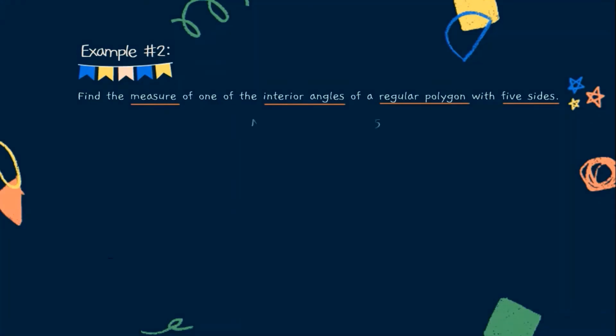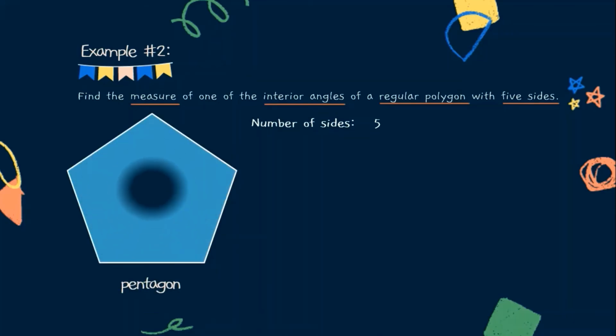From this word problem, nakuha natin na yung polygon ay may 5 sides. A polygon with 5 sides is known as a pentagon. And this is how a pentagon looks like. Meron siyang 5 sides. Para malaman natin yung sukat ng isa sa mga interior angles nitong pentagon na ito, we have to know how many triangles can be formed out of this polygon.